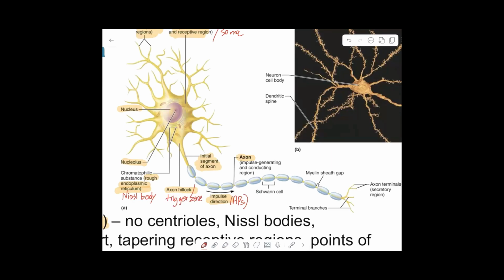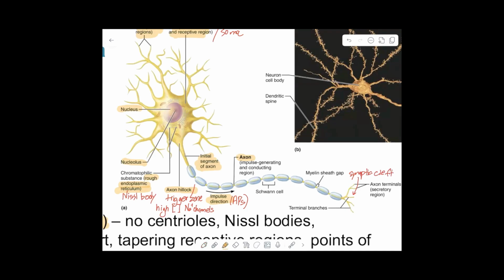It's called this because it has a high concentration of sodium channels. The brackets here mean concentration. And then there is a synaptic cleft, which is a space between the axon terminal and the next neuron.